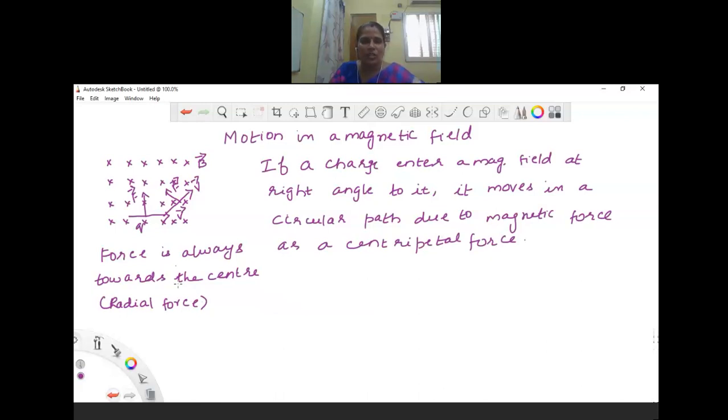I told you that the force is always towards the center and along the radius. So this force is also called the radial force. Because of this, a charge which enters the magnetic field at right angles to it moves along a circular path. This force is nothing but the centripetal force.